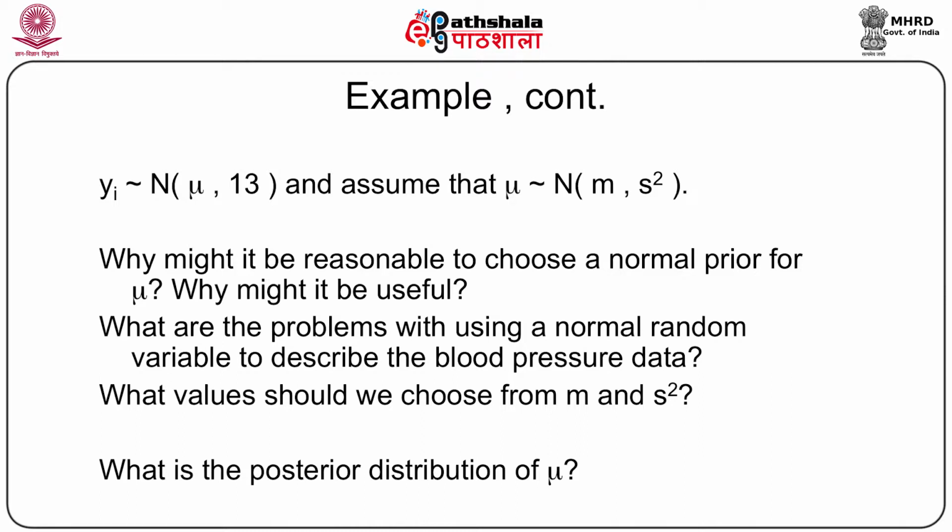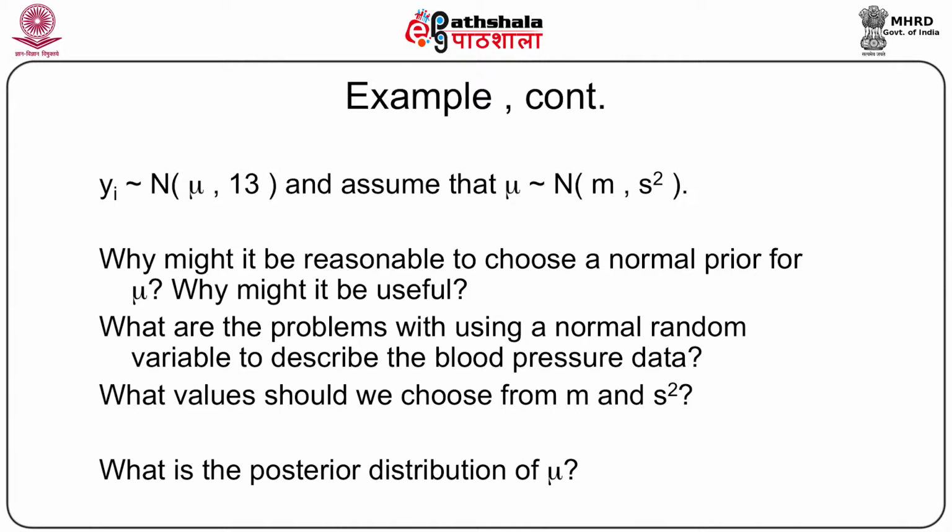We need a prior distribution to summarize our initial uncertainty about the value of mu. If we continue that example, we again have yi given mu, normal with mean mu and standard deviation 13. Now, why might it be possible to choose a normal prior for mu?